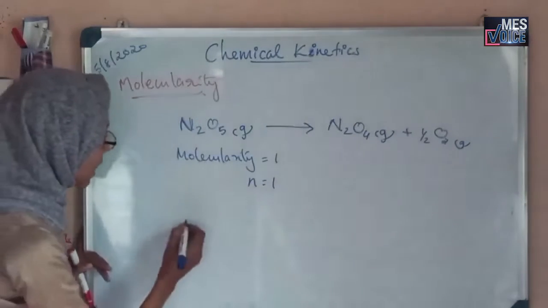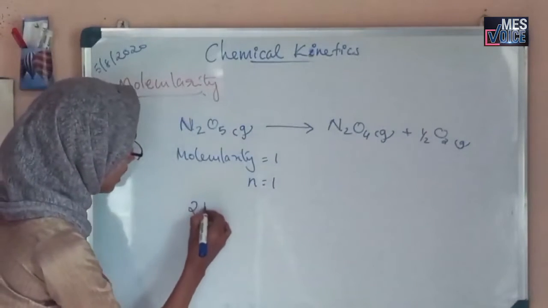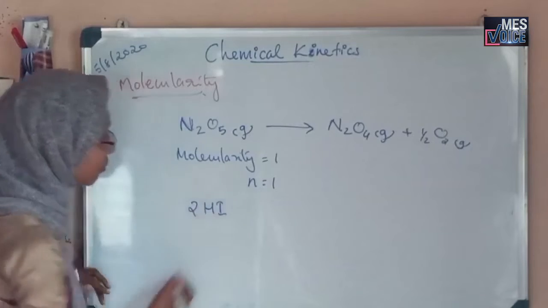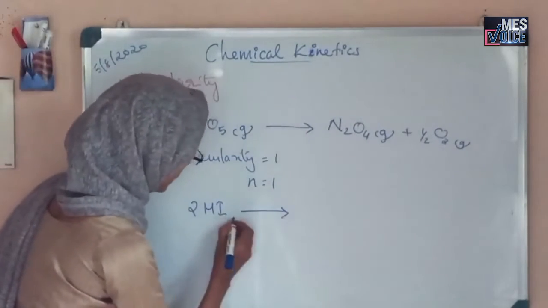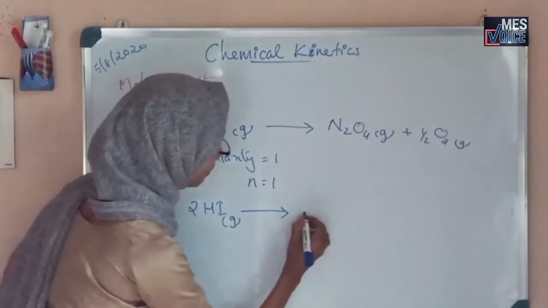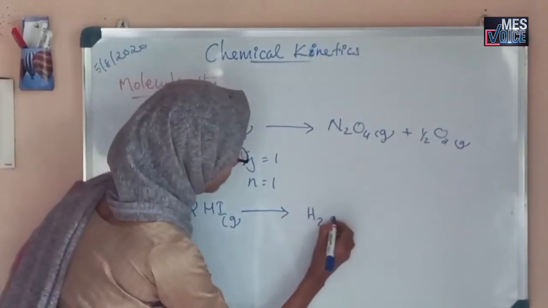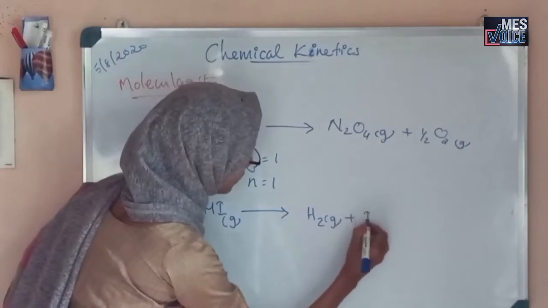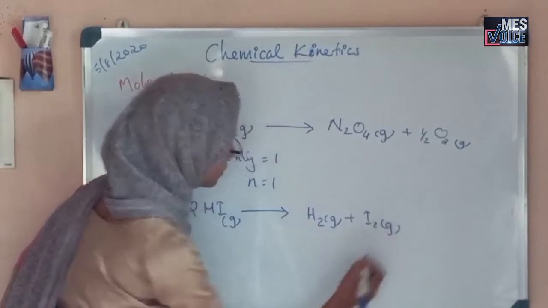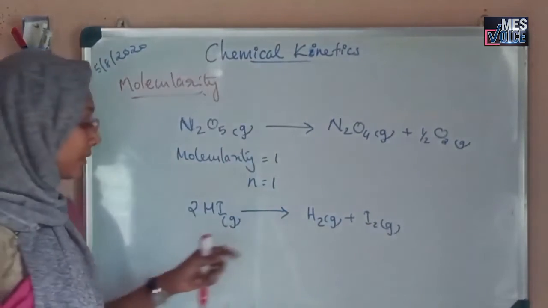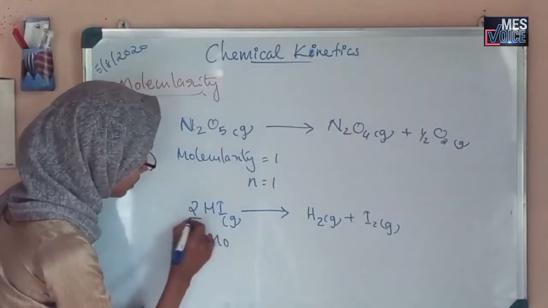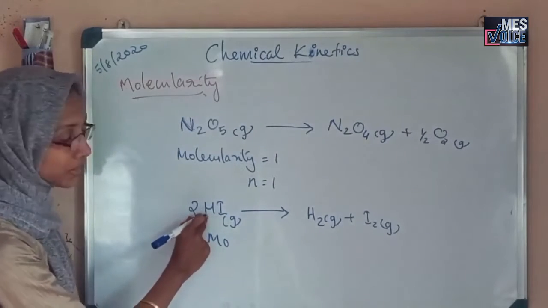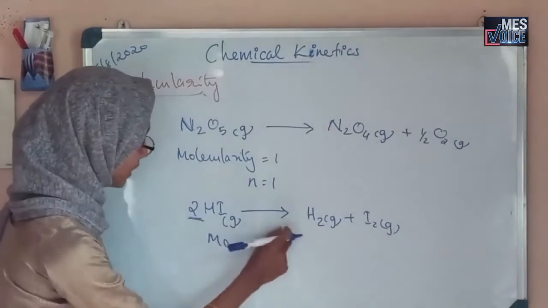And consider another reaction, the dissociation of hydrogen iodide in the gaseous state to give hydrogen molecule in the gaseous state and iodine, also in the gaseous state. It is also a simple reaction. Here the molecularity is equal to 2, that is, 2 molecules of hydrogen iodide are involved in the reaction.